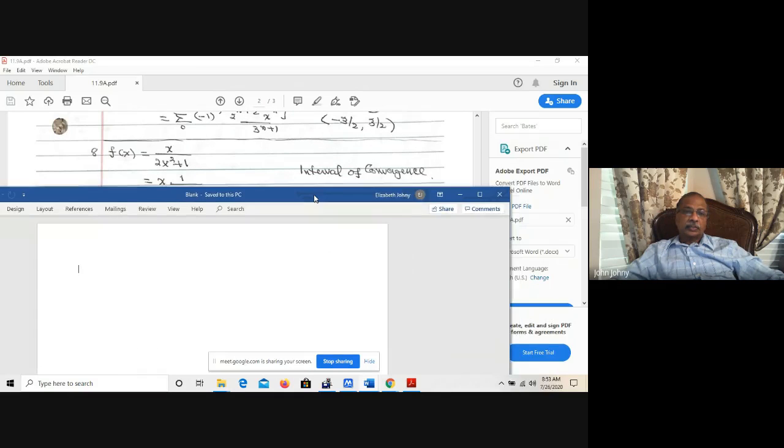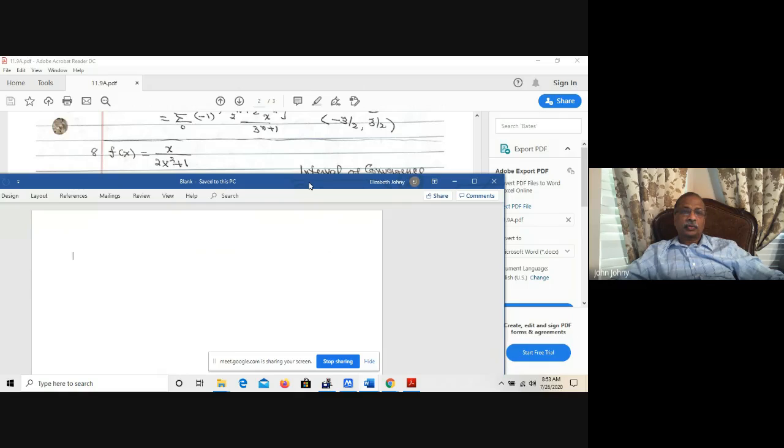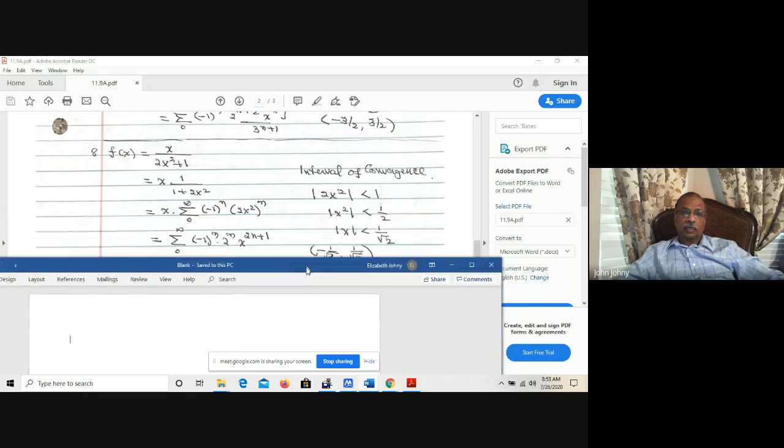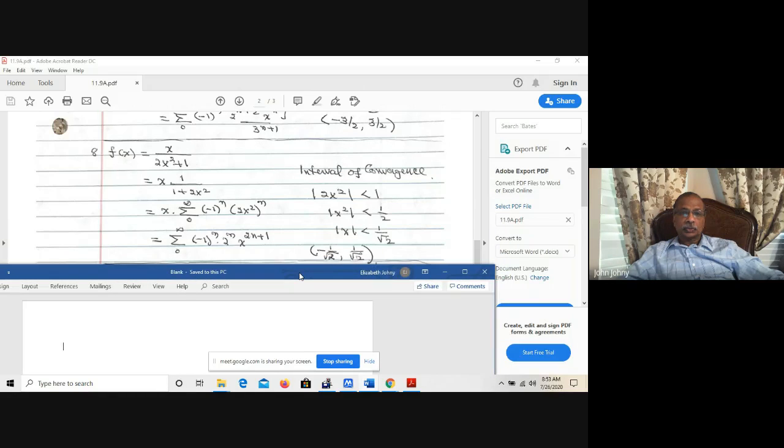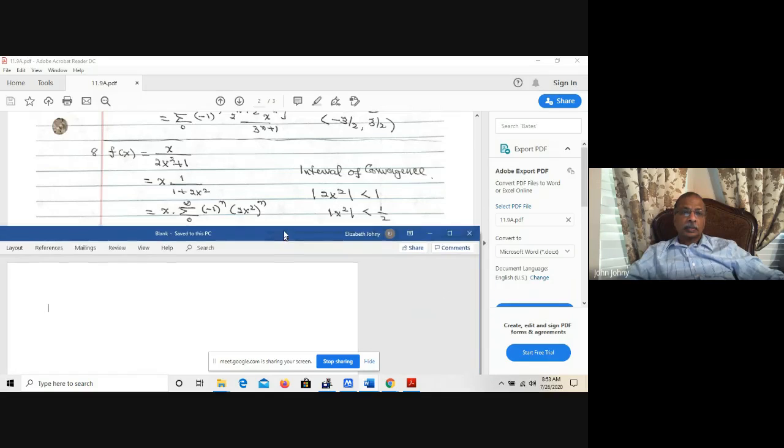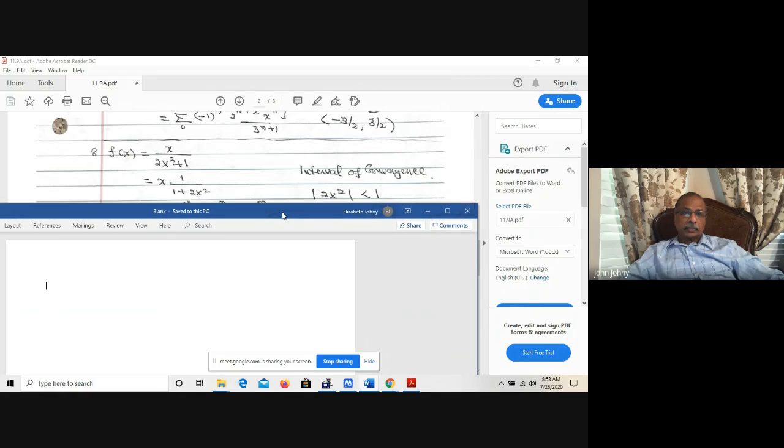Number 8, x divided by 2x squared plus 1. x divided by 1 plus 2x squared.